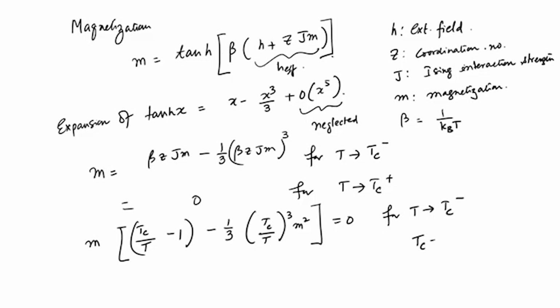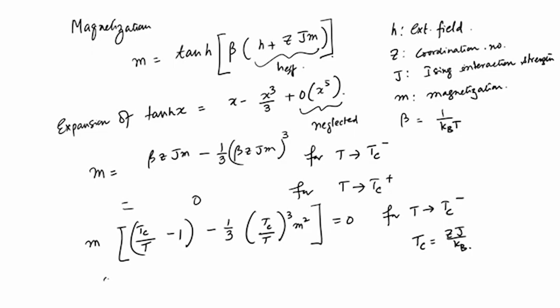Just to remind you that Tc is equal to z J over k, the Boltzmann constant, where z is the number of nearest neighbors, which is called the coordination number, and J is the Ising interaction strength.